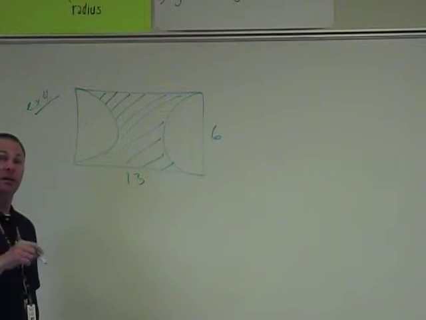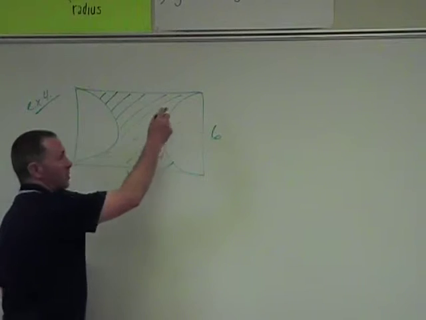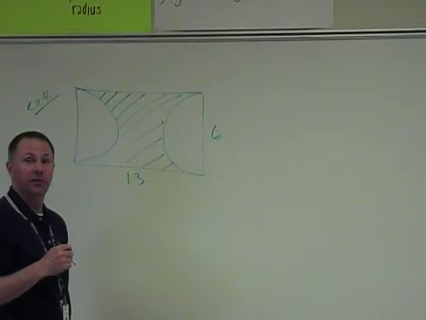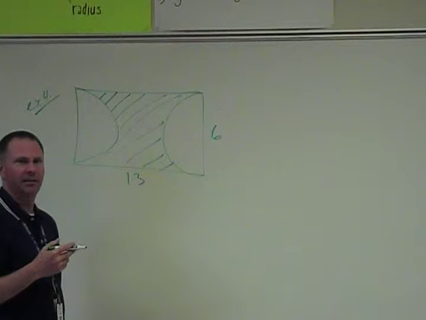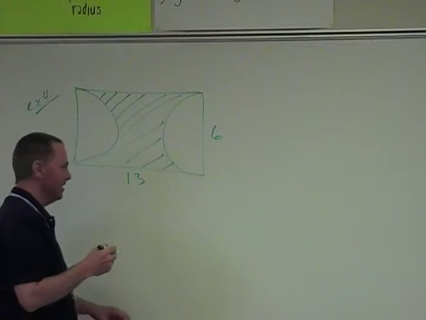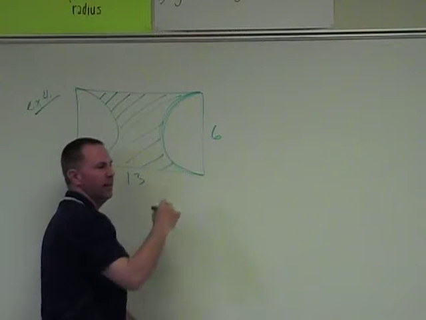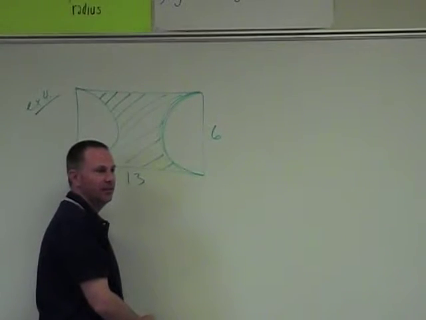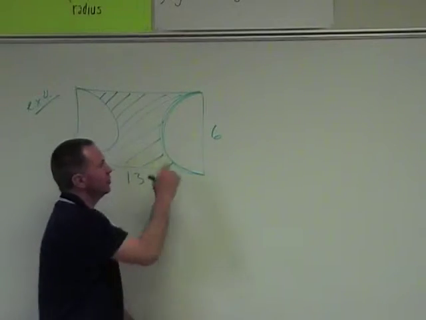Well, you could take the perimeter of the whole thing and subtract the circumference of the whole circle. Base times height. Or you could find the length of that arc, right? The arc length. You could do that and then add it to 26. But there's two of those arcs.